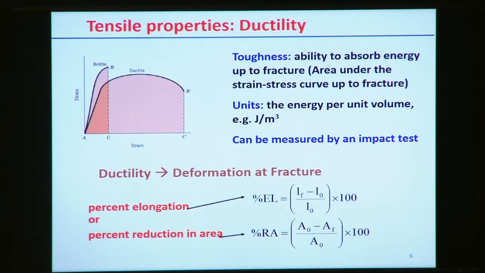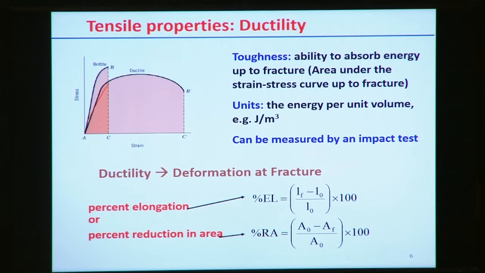So for example, the stress strain diagram for a ductile material is represented by this curve A up to point B dot. At point B dot there is a fracture. So up to that point, the total amount of energy absorbed by the material before fracture is a measure of the toughness for this specific material.